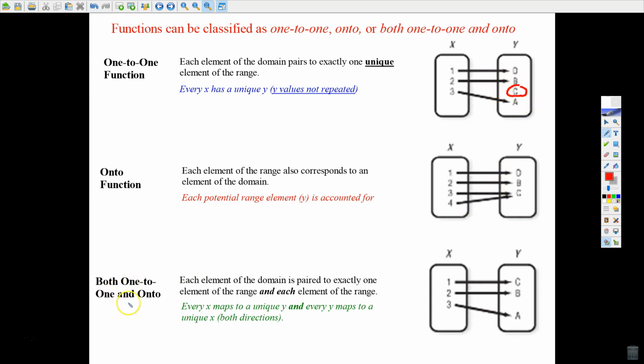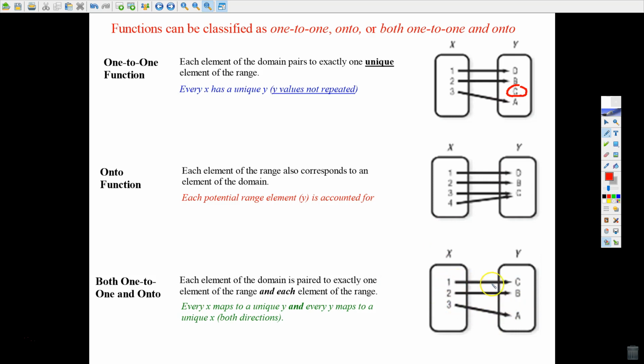Well, what happens when they're both? When they're considered to be both one-to-one and onto, then it's really a combination of these two. We have unique domain paired up with unique range, as you can see here, and then all of my range values have been used. So it's really like going both directions. We have uniqueness.